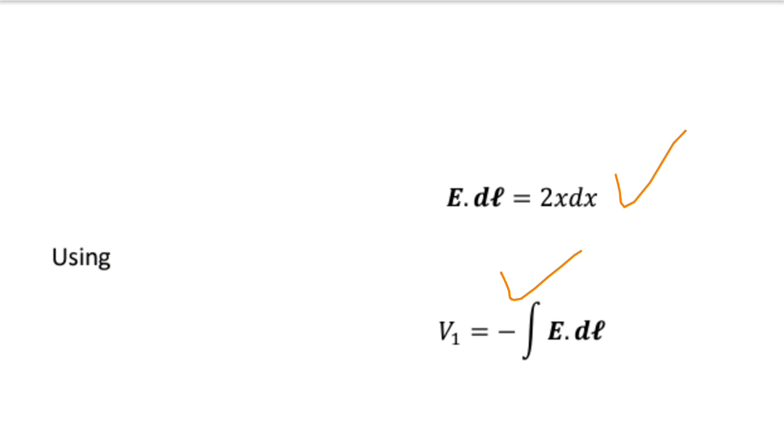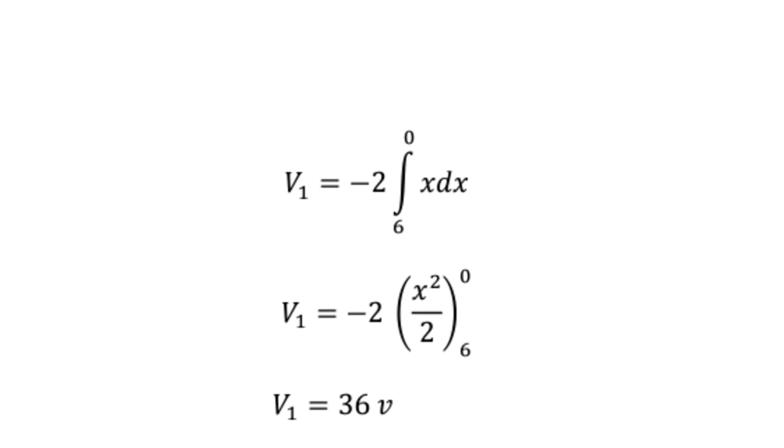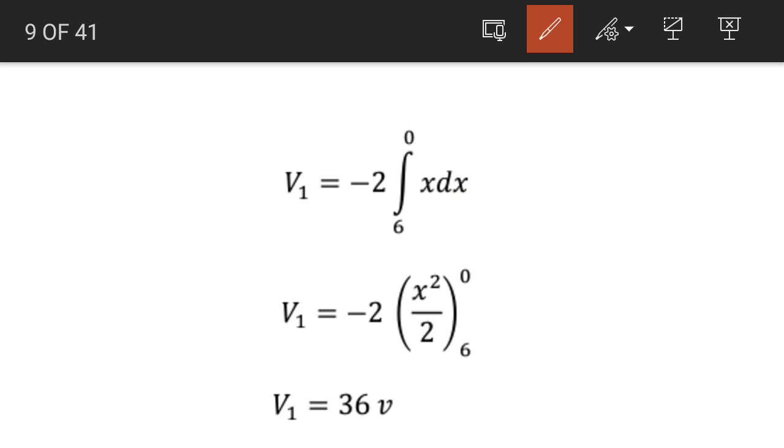So let us integrate E dot dl. We have the integration of minus 2x dx, and x is changing from 6 to 0. The integration of x dx is x squared by 2. If we put the values in this particular equation, we get V1, and V1 is 36.